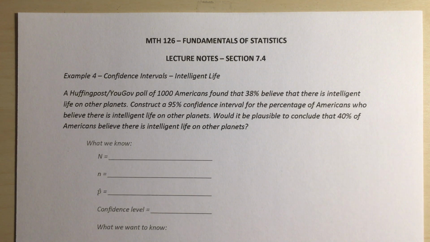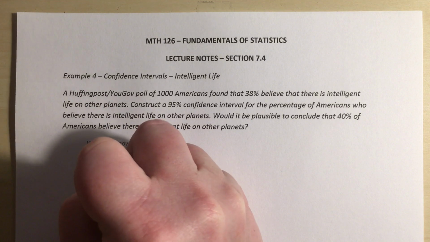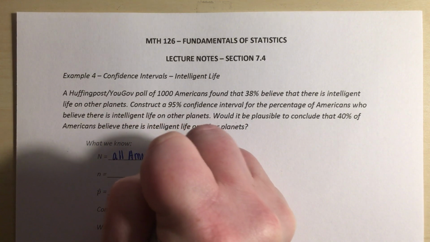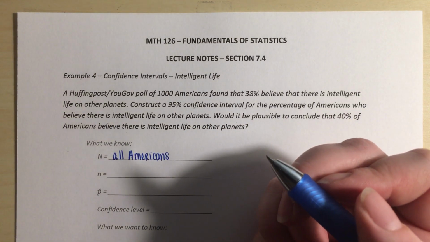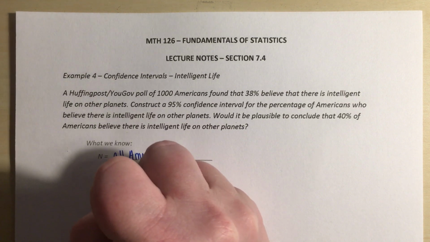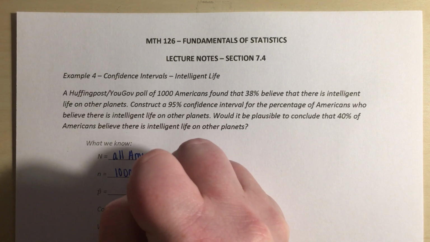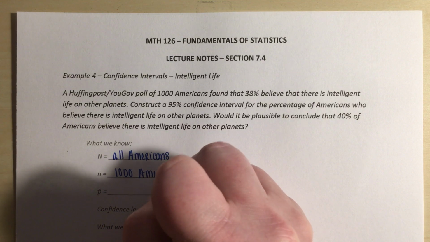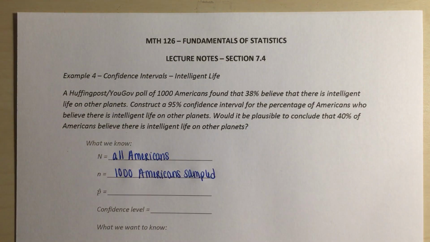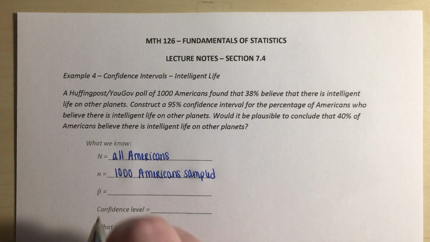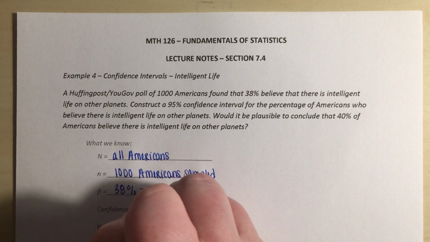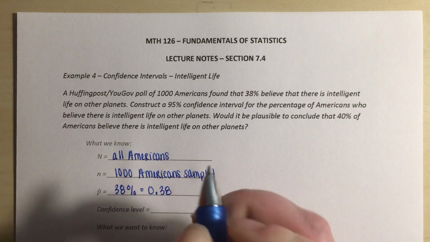All right, so our capital N is our population, so that is all Americans. Our lowercase n is our sample. Our sample was 1,000 Americans sampled. p hat is our sample proportion, which was 38%, so 0.38.